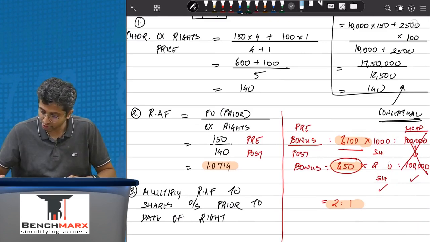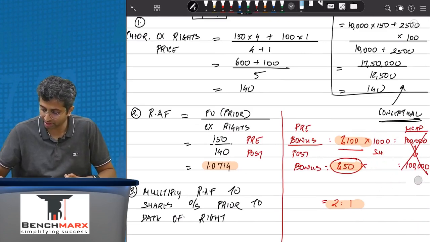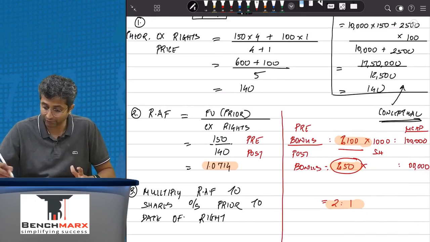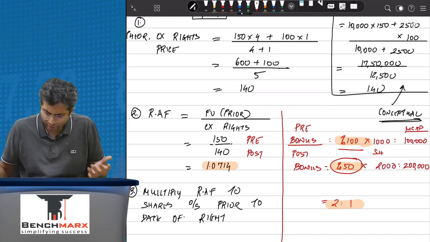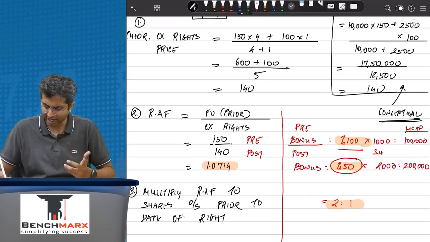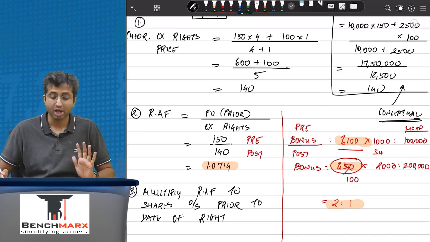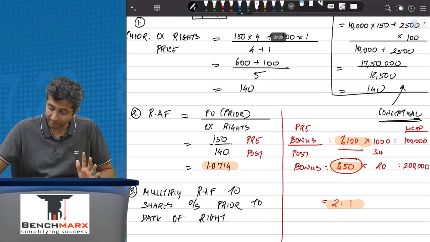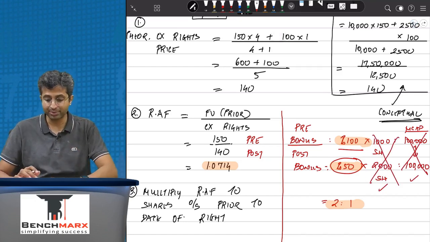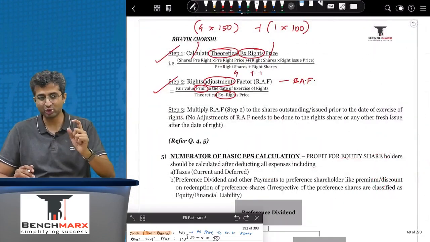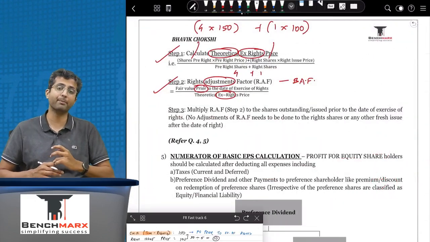So for example, if these 2000 shares were issued, and another 1000 shares were issued for consideration, then the company's market cap will also increase, because you now have a higher capital base. So you'll have 2000 shares, but you'll have a 2 lakh rupees market cap, and as a result the price will remain the same. However, if there's a bonus, the number of shares will increase, the market cap will not, and as a result the difference in prices will give you an understanding of the bonus.